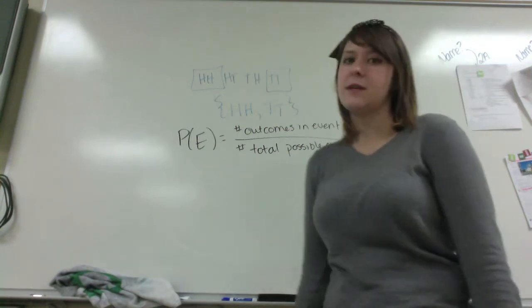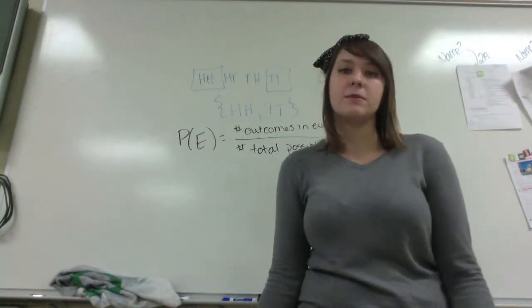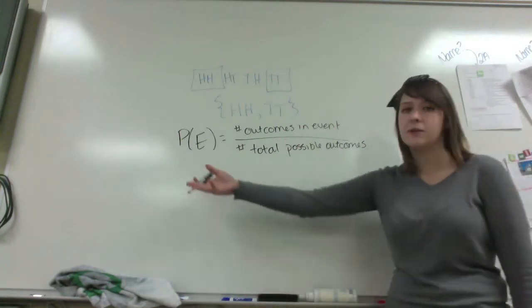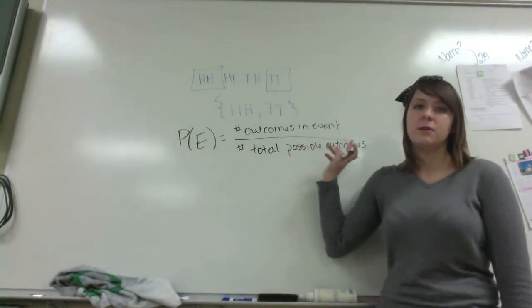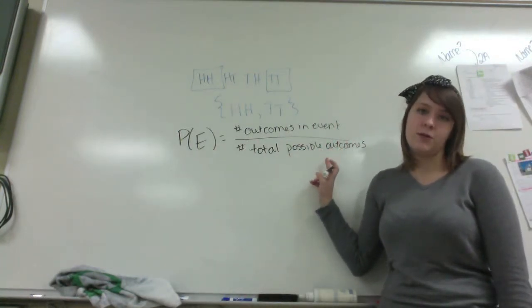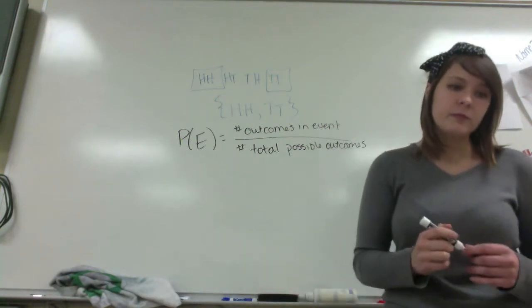Or another way of saying that would be the number of outcomes in the sample space. All right, so we've got probability equals the number of outcomes in the event over the total possible outcomes.